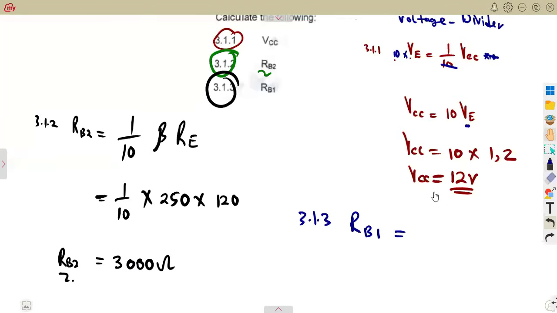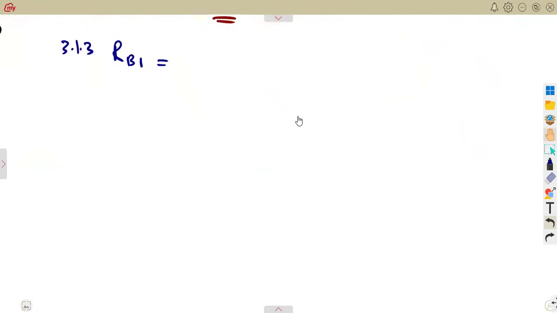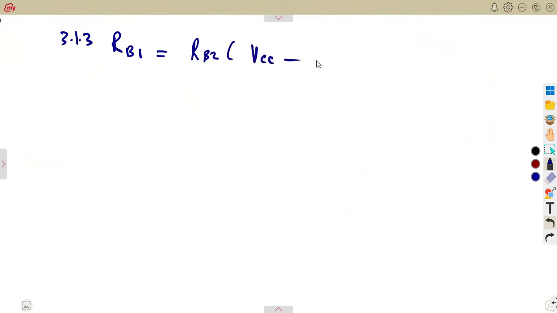It's part of the voltage divider. They are not going to tell you that this is a voltage divider. No, you're supposed to know from the information that you're given.